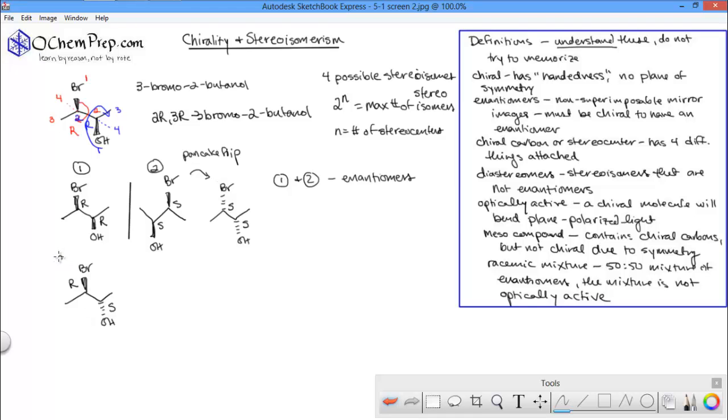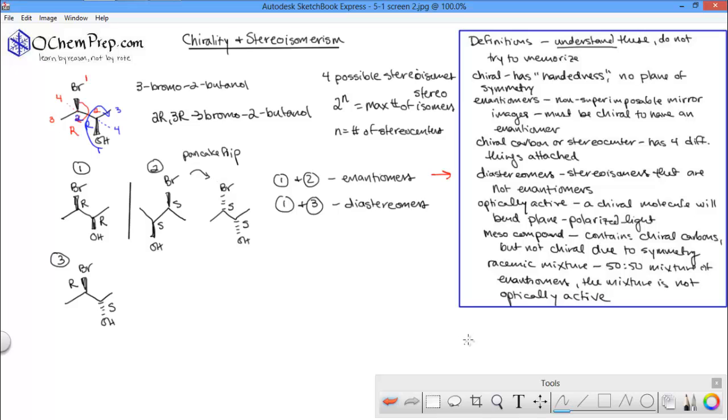If we number this 3, 1 and 3 are what we call diastereomers. Diastereomers are stereoisomers that are not enantiomers. There's no overlap between enantiomers and diastereomers.